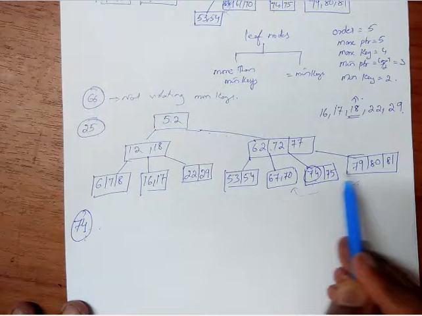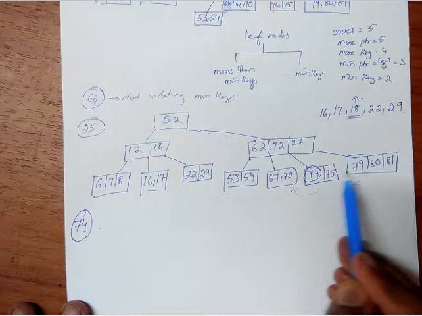So we need to either merge it with the left child or with the right child. If there is a right child as well as a left child, then we have to check which sibling contains the maximum number of keys.